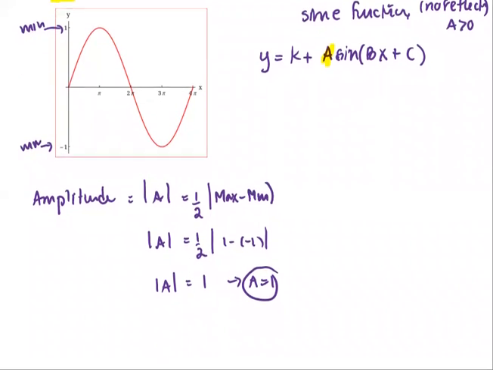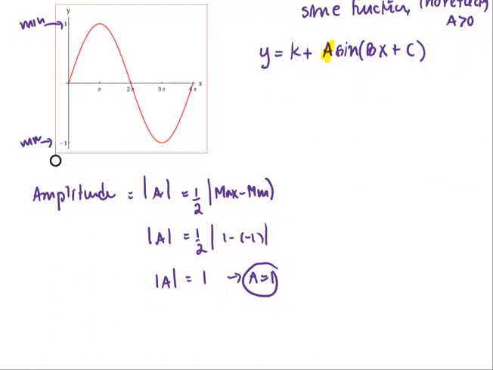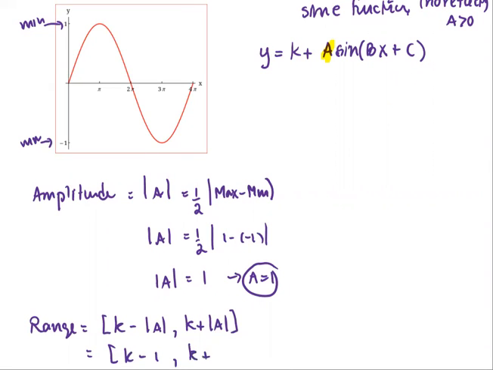The following part would be k. The range of the graph will be in the form of k minus the absolute value of a to k plus the absolute value of a. In our case, the absolute value of a is 1, so this is k minus 1 up until k plus 1.